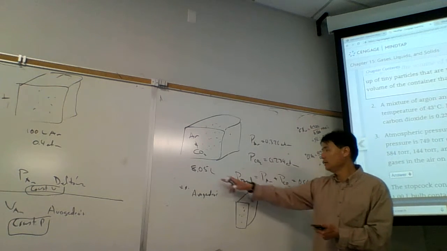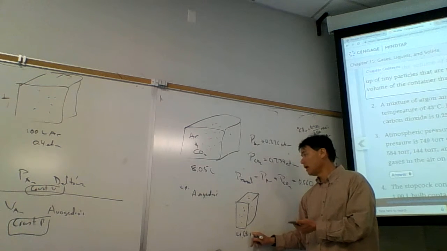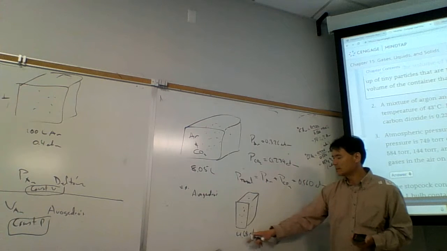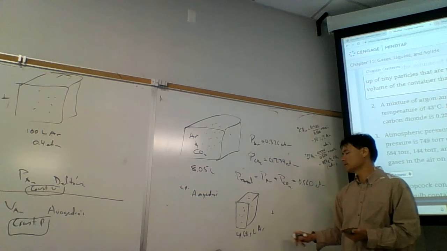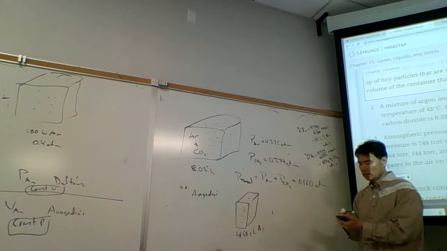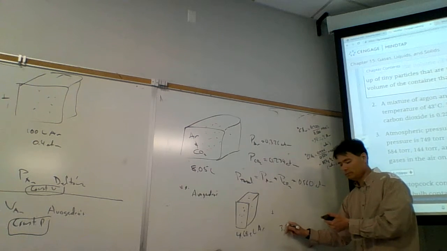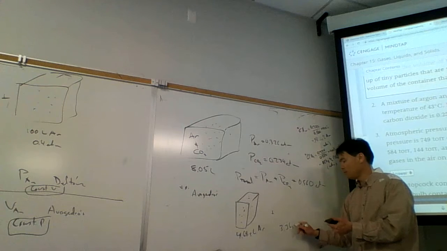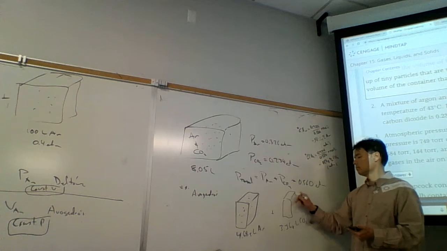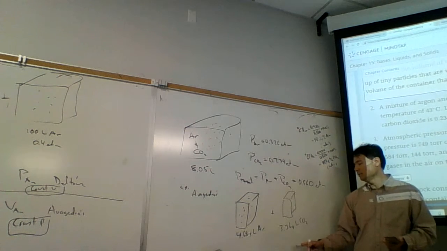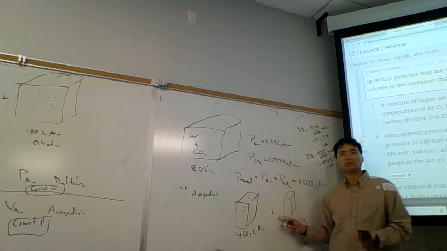So 58.21% of this volume is 4.685 liters, 4.69 liters of argon, plus the rest, 8.05 minus that, which is the total, is going to be 3.364 liters of CO2. And so 4.69 plus 3.36 is going to give me 8.05 liters total.